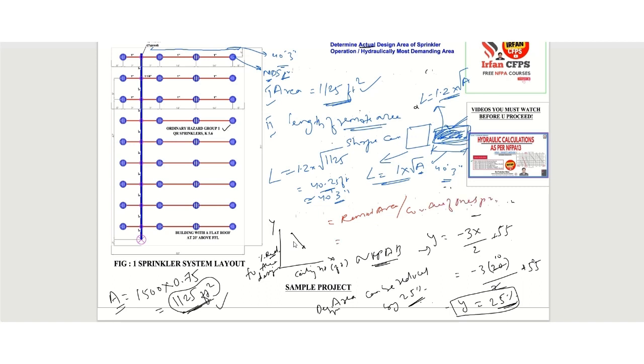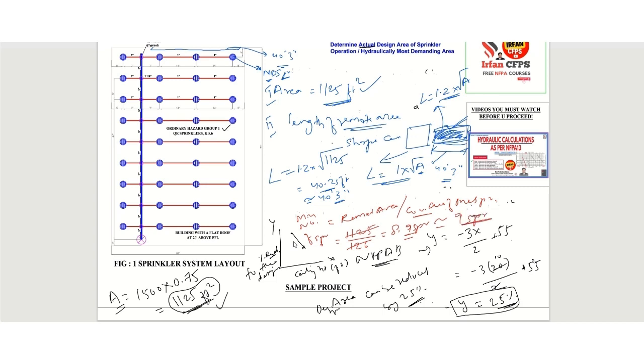So the remotest area will be 1125, the hydraulically most demanding area, divided by the coverage area of one sprinkler, we already know 126 square feet. So it will come to around 8.9 sprinklers.